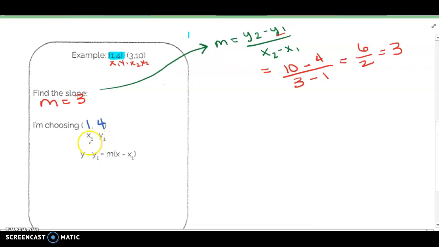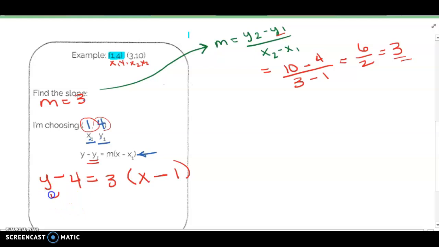If I choose 1, 4, that means my 1 is my x1, my 4 is my y1. So I'm going to plug this 3, x1, and y1 into this formula. When I do, I get y minus my y1, which is 4, equals my m, which is over here, that was 3, it's what I found first, parentheses x minus my x1, which is 1.